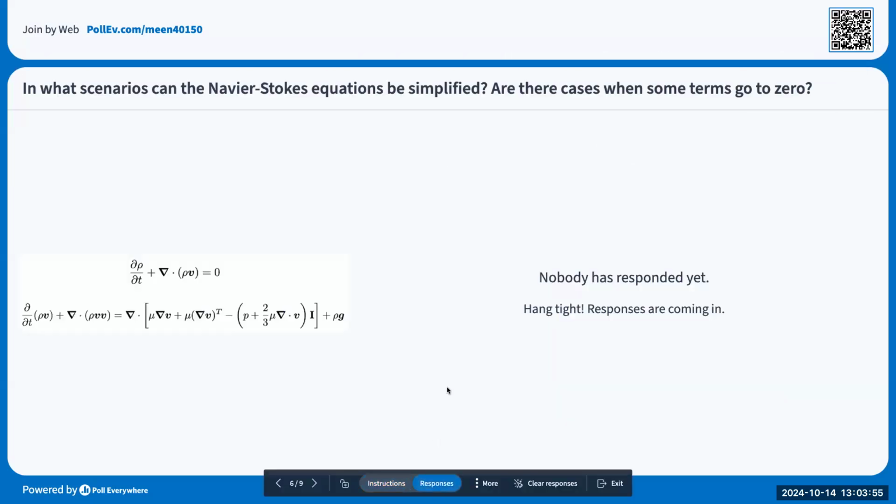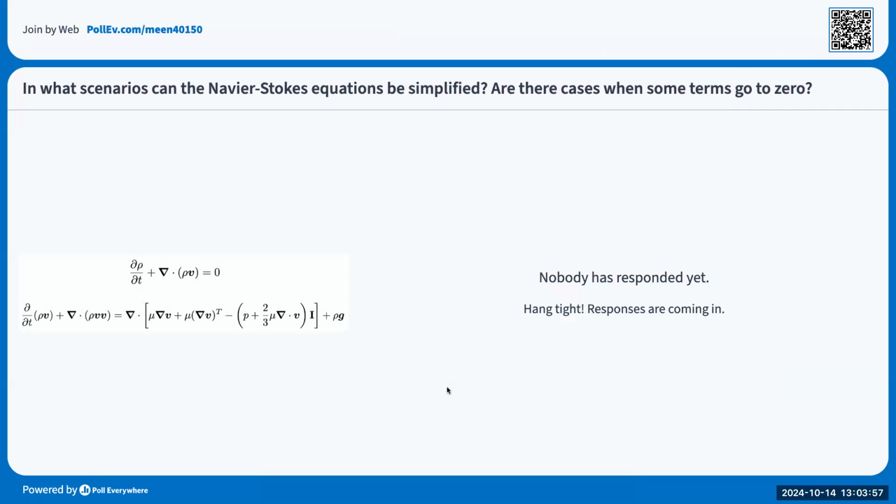So just to begin with, what's the actual question? Last day we got to the Navier-Stokes equations, which is conservation of mass and conservation of linear momentum, or forces essentially. These are quite general equations. So my question is, in what way can these be simplified? In practice there are very many ways they're simplified and used, and by practice I mean in commercial or open source CFD codes.